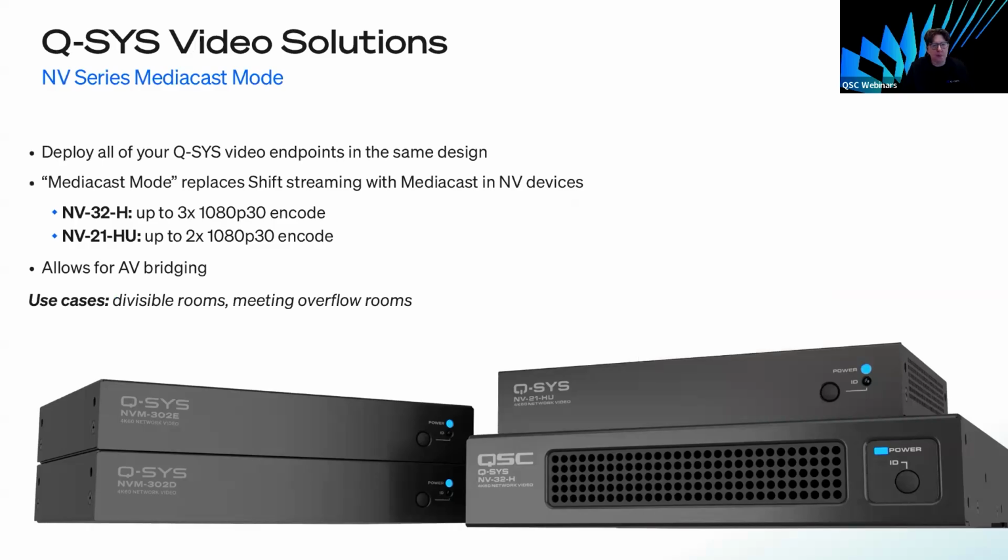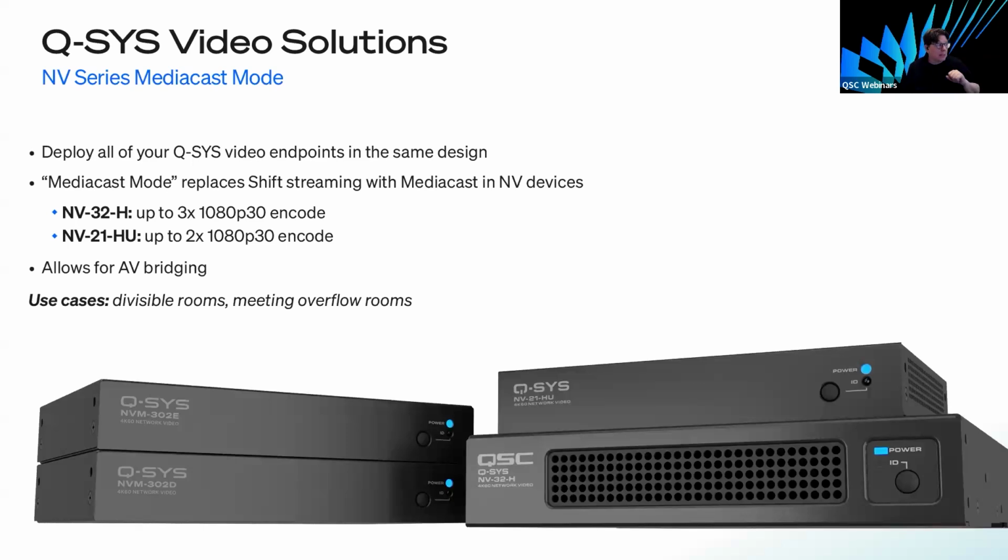And then talking about intercompatibility, Martin, I'll answer your question here in just a second. Talking about intercompatibility is a pretty big thing, because why would we have two different encoders and decoders if we can't actually have them working together? Well, with the release of 10.4, we've allowed the NV32 and the NV21s to go into MediaCast mode.